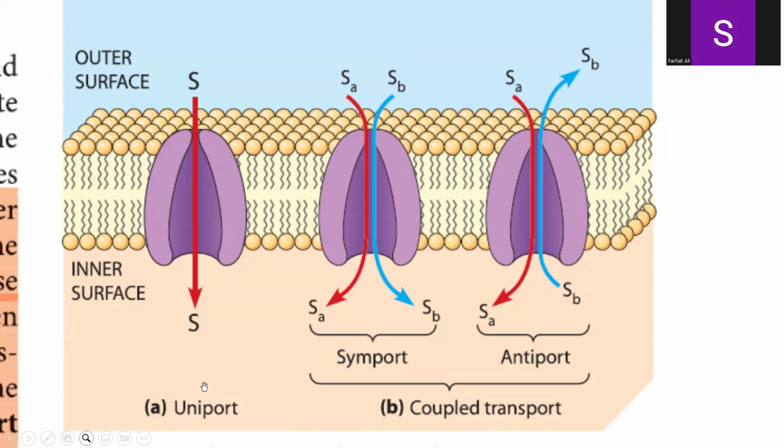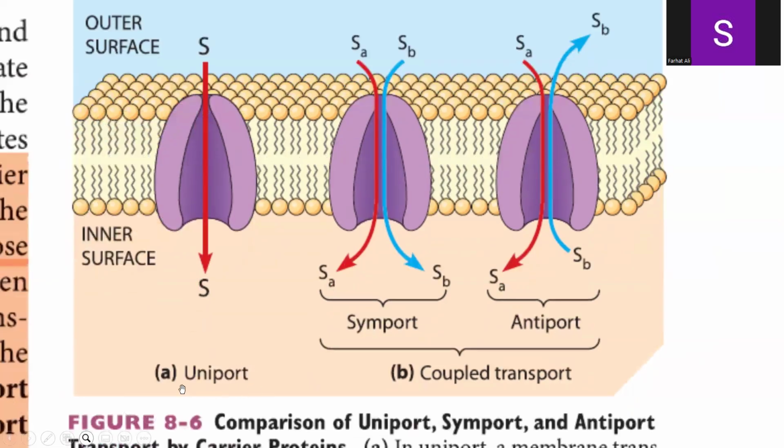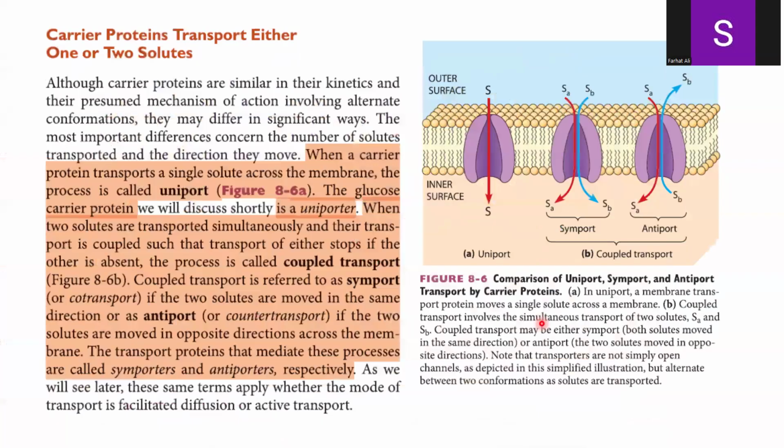So the transport proteins can transfer the solute molecules either as a uniport, where only one solute molecule is transferred, or a coupled transport where two solute molecules are transported simultaneously. In coupled transport, they could be transported in the same direction, known as a symport, or in the opposite direction, called antiport.